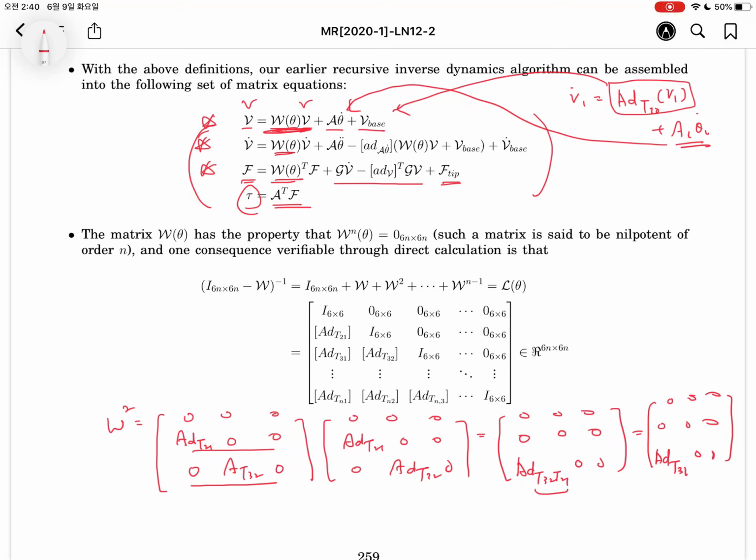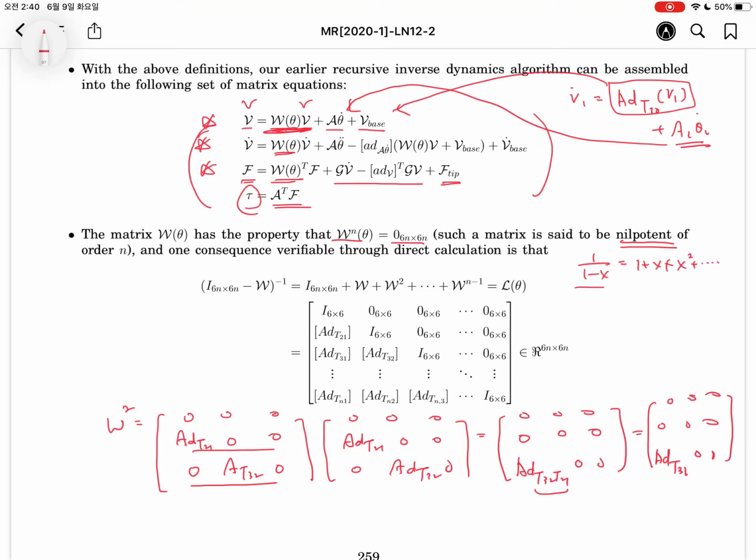If you apply it one more time, maybe you have the 3 times 3 zero matrix. Okay, this kind of nilpotent matrix is called nilpotent. By multiplying W n times, we'll have the 0 matrix. So maybe you know that 1 over 1 minus x will be expanded as 1 plus x plus x squared, and so on.